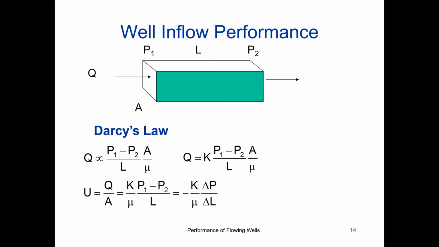The key point that Darcy found is that there is a number that can convert proportionality to equality. That is permeability. What is the permeability?